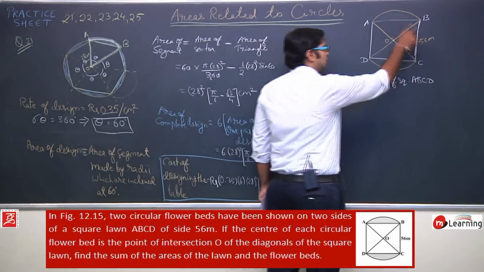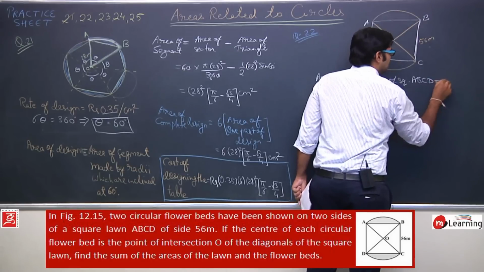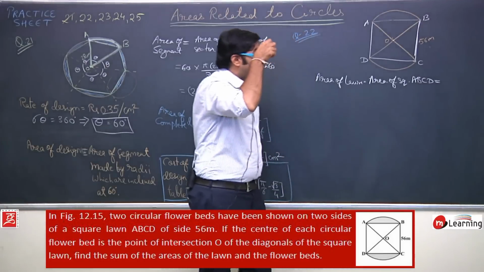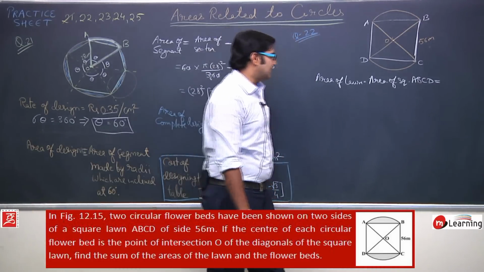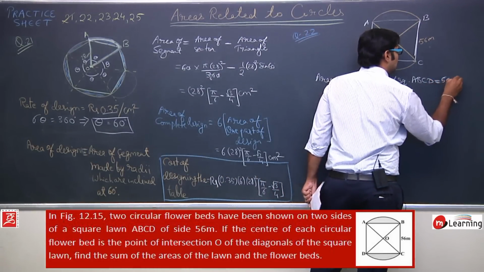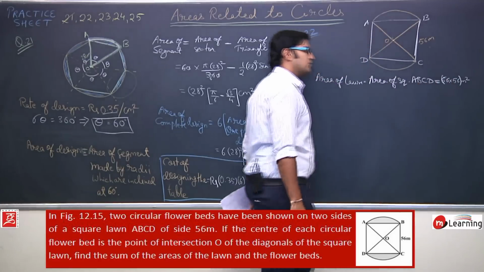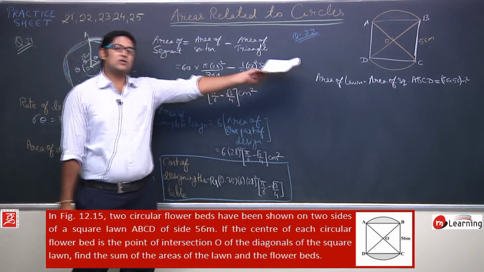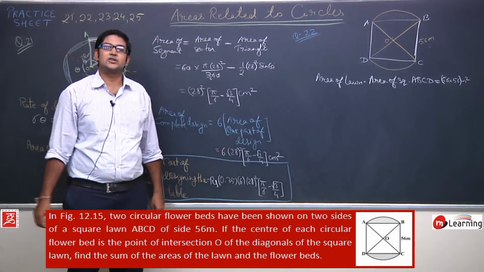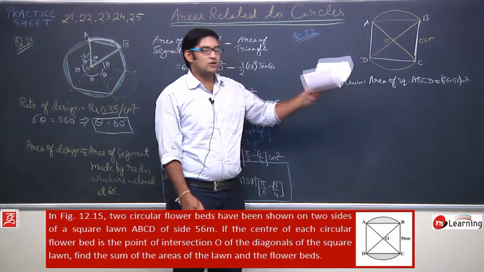It is length into breadth, that is 56 into 56, because all the sides of the square are equal. So the area of the lawn is 56 into 56 meter square. You need to solve this 56 into 56. So this is the area of the lawn.